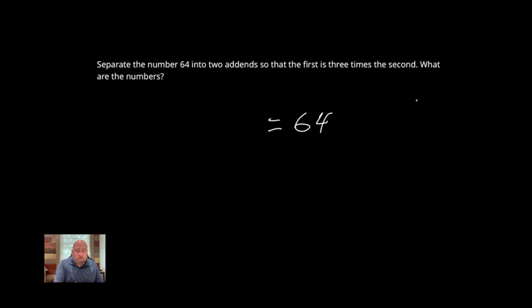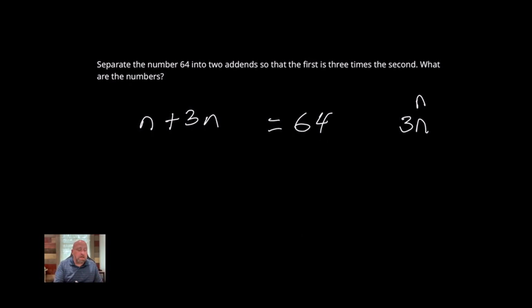The first number is going to be n for number, and then the second number is going to be 3 times the first, so it's going to be 3n. Now notice it says addend, so we're going to add these. So we're going to have n plus 3n equals 64.